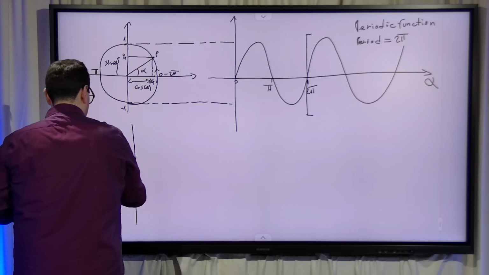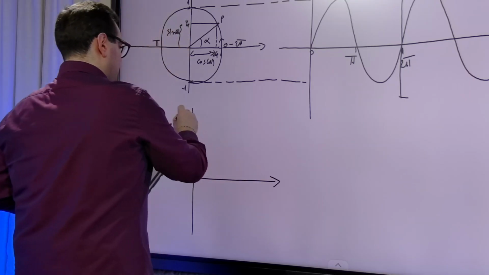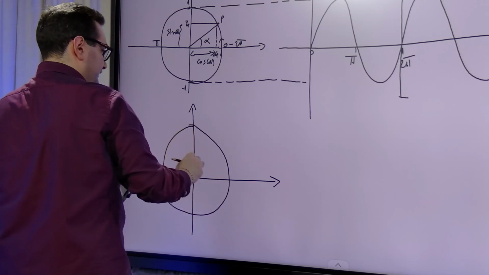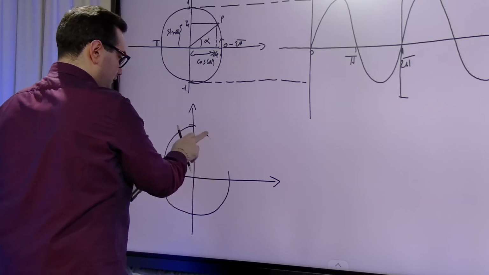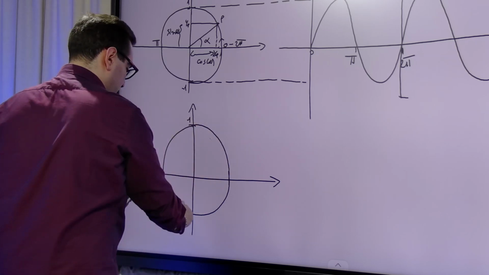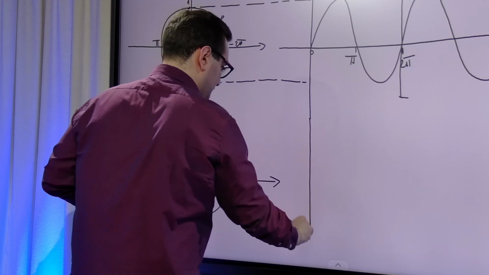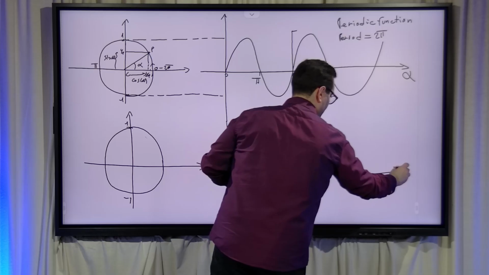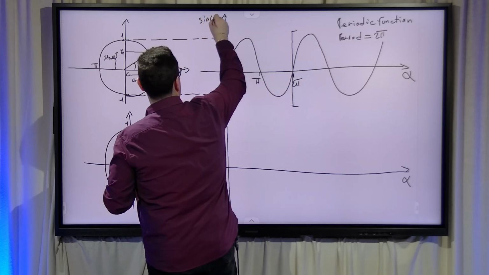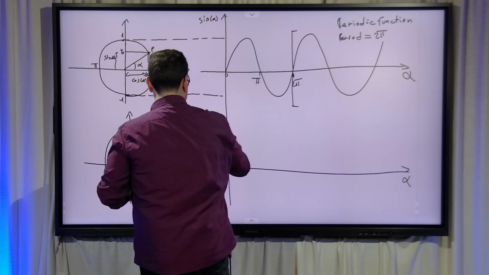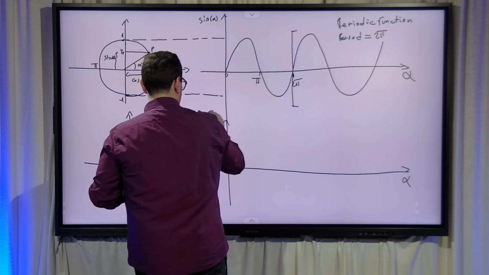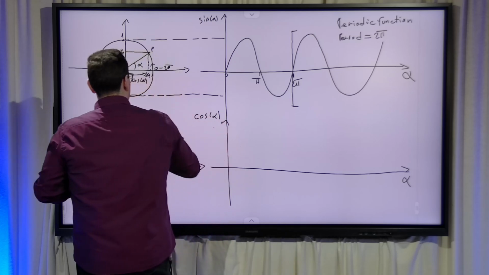Let's do the same for the cosine. So I'm drawing the unit circle again. I have alpha here. So this is the sine of alpha, and this is the cosine of alpha.